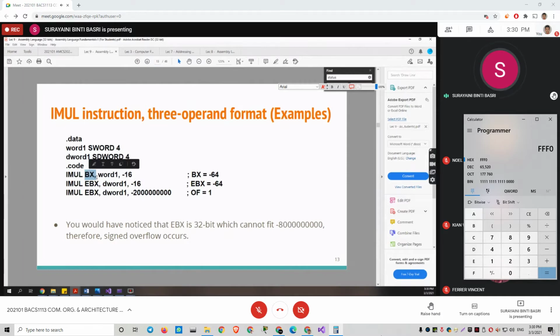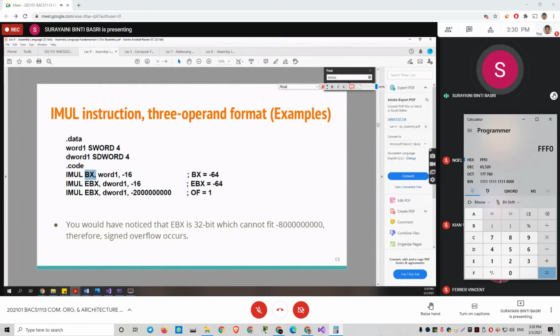The format is only like this. You just need to put your register that can hold the result of your multiplication here, like BX, EBX. Just remember the first operand must be a register, because this register will store the value of your multiplication.